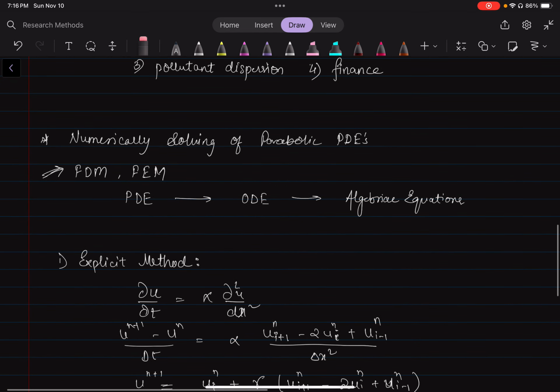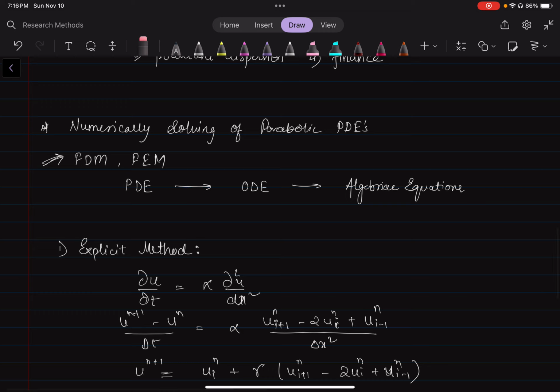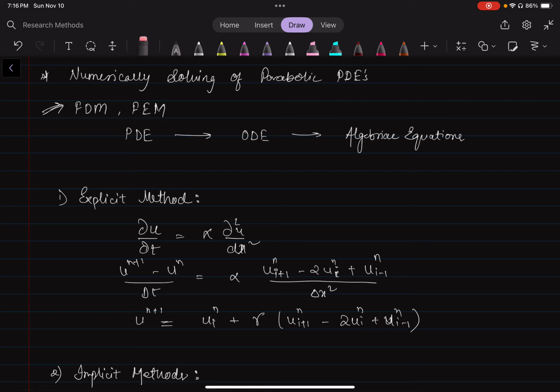Then we look into solving these parabolic PDEs. Usually parabolic PDEs are solved using finite difference methods and finite element methods. Here we'll be discussing some finite difference methods. There are also two kinds of models for parabolic PDEs.